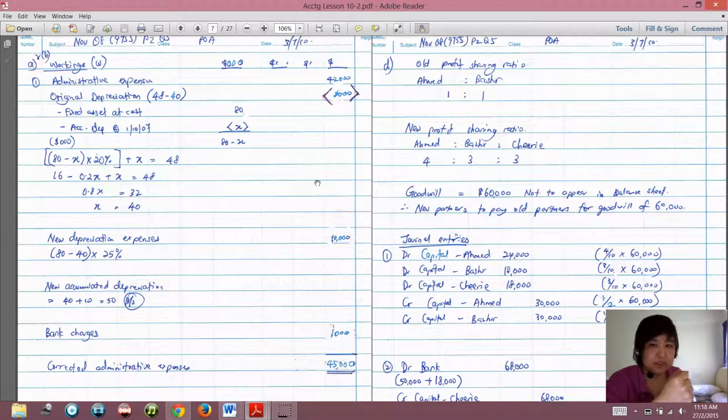But if we were to put a value, this value we call it goodwill. It is for all the goodwill that Ahmad and Bashir, the old partners, have developed for the company so far. They have built up all these regular customers, maybe they have even gained some political connections, and also some favorable terms.